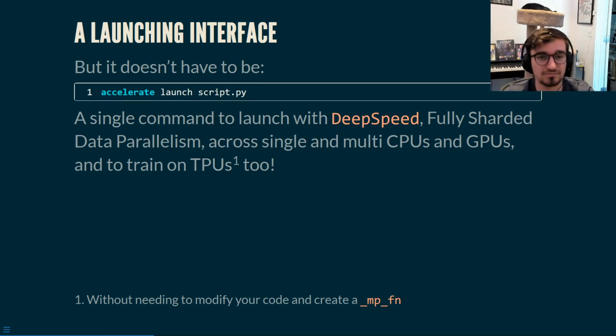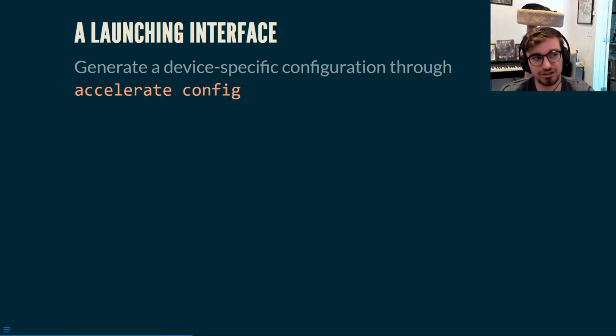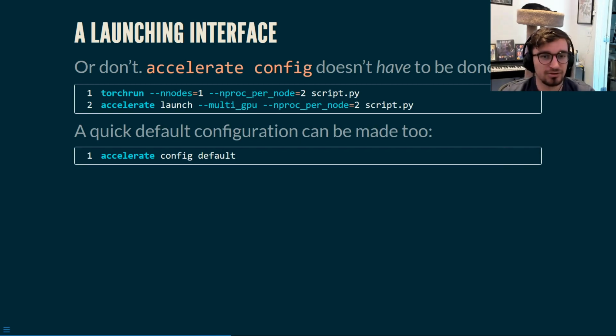Let's go run it. Now, if you don't want to go through a fairly extensive CLI interface and you just want to run, Accelerate lets you have practically one-to-one pass-ins for all of the different parameters. Now this should be num_processes, not nproc_per_node.